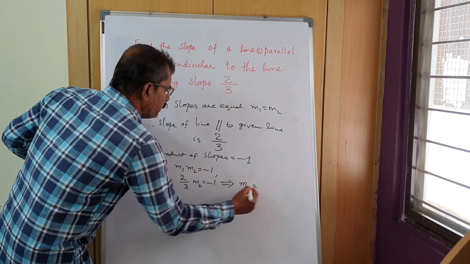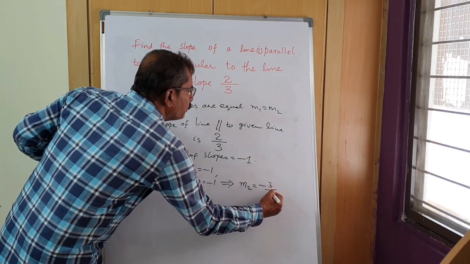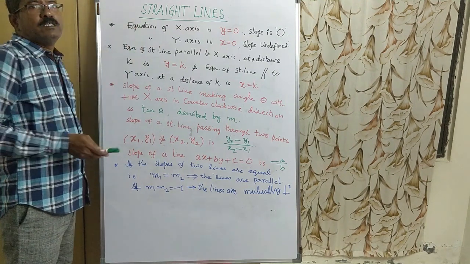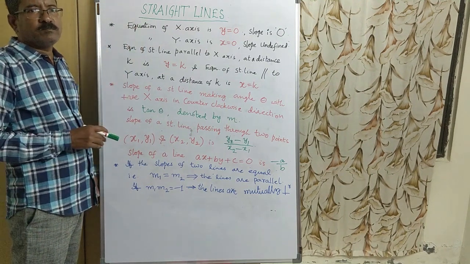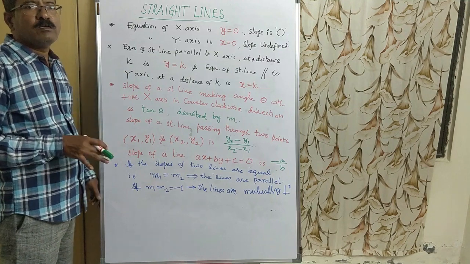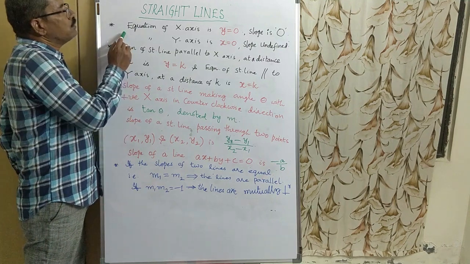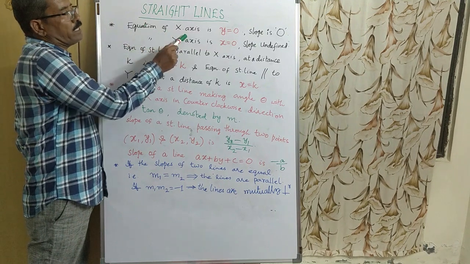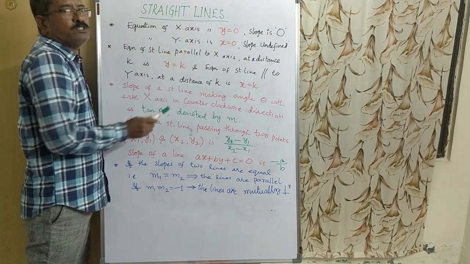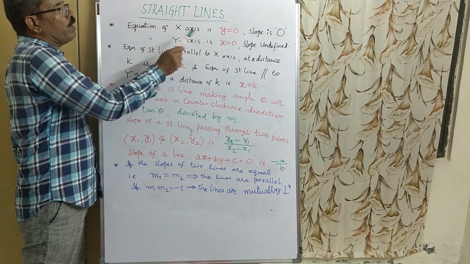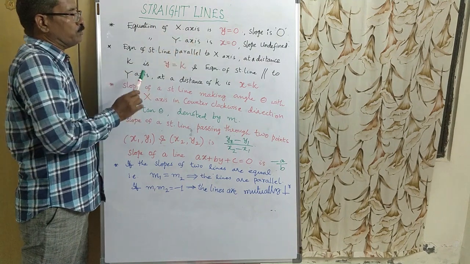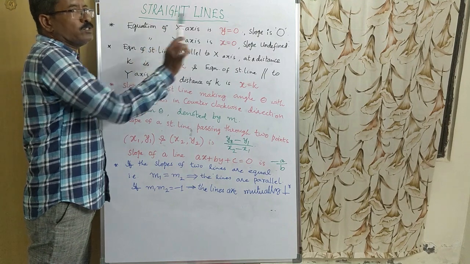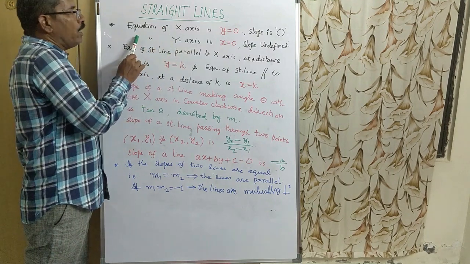Look here, children. In this discussion, what we have learned is the points. I can repeat once again. The equation of the x-axis is y is equal to 0 and the slope of the x-axis is 0. Like that, the slope of a line parallel to the x-axis is also 0. The equation of the y-axis is x is equal to 0 and its slope is undefined.